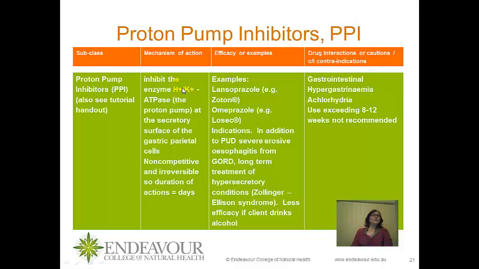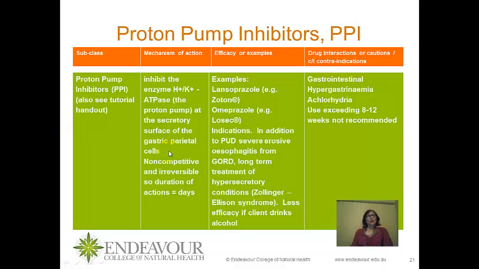Here there is a particular protein, an enzyme called H+/K+ ATPase. It's a proton pump. It uses ATP to actively transport the hydrogen ions into the exocrine secretion secreted at the surface of those gastric parietal cells.